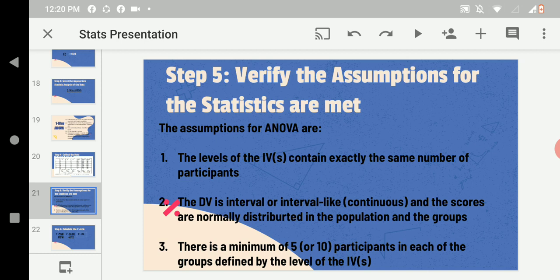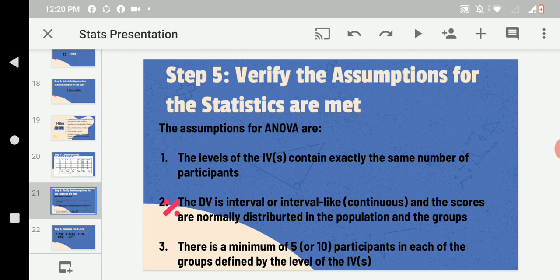These are the assumptions for ANOVA. Number 1, the levels of the independent variable contain exactly the same number of participants. So if there are 5 participants in one group, there should also be 5 participants in the other groups.